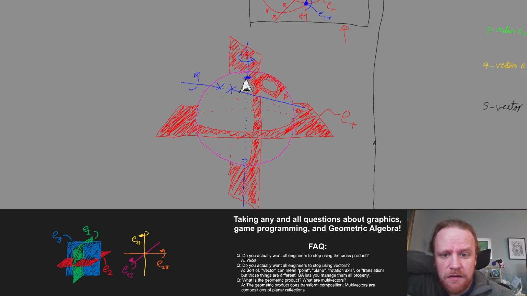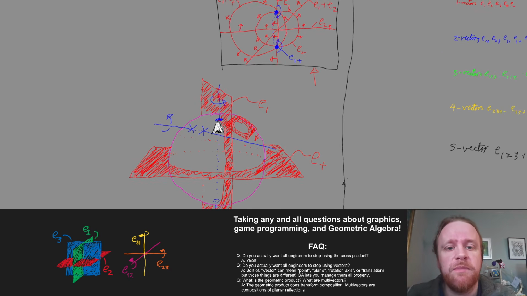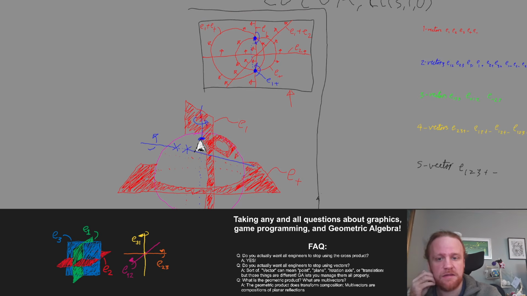This plane is E1, because if you perform a reflection in E1, it will look to the eye just like performing a reflection in this line. This plane E1 passes through the point where the eye is.